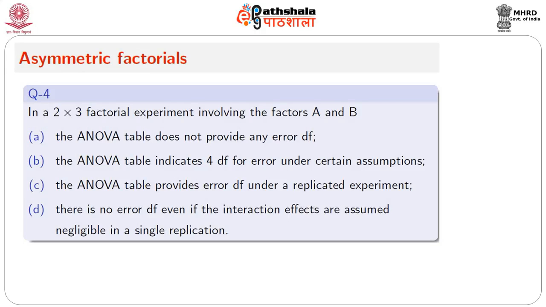Naturally, D is wrong because if you assume the interactions to be negligible, you can push them to error. That is not true. Also, under a replicated experiment, the ANOVA table can always provide error degrees of freedom. That is the most plausible answer, C.